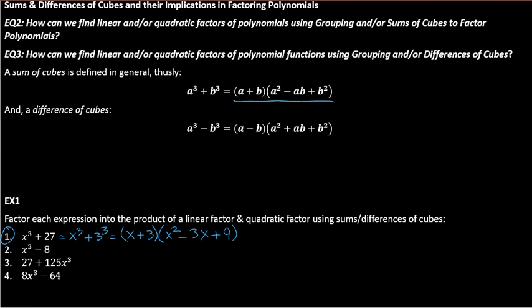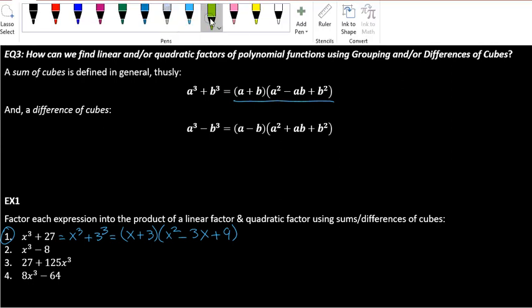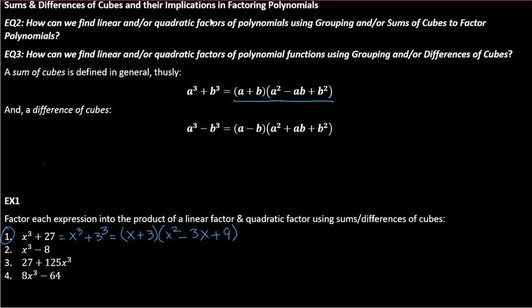And if we wanted to, we could factor this guy further, but the instructions say just the product of a linear factor and a quadratic factor. So we're not going to worry about it. We could factor this quadratic even further into two linear factors, but we're not going to get into that just yet.